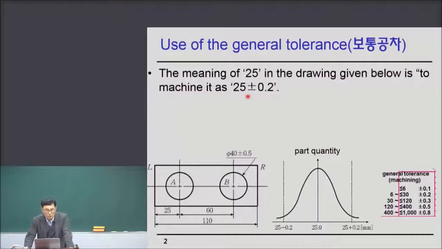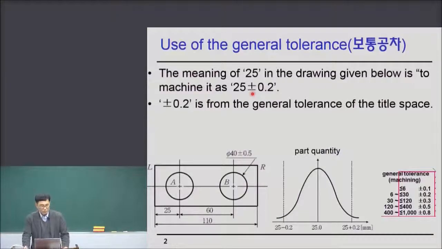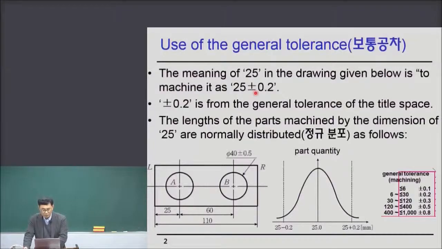You see, 25 is within this range, 6 to 30, so plus minus 0.2 is applied from the general tolerance of the title space.